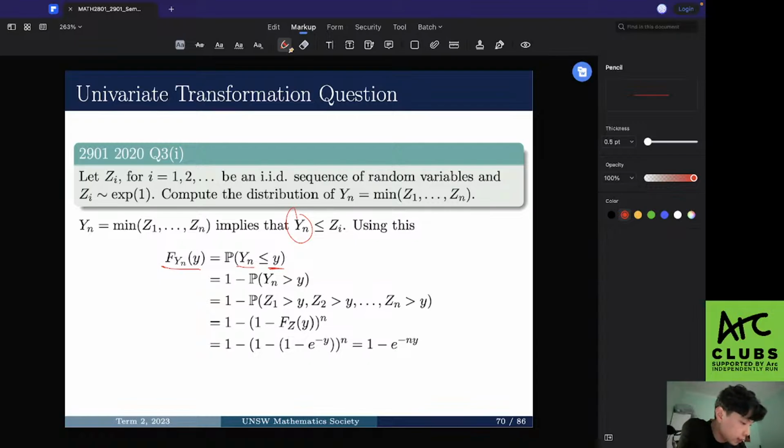So in this case, we have 1 minus, and then we flip the sign, and that lets y be a lower bound. So what we can do is use the fact that since y is less than yn, which is less than or equal to zi, y is less than zi.